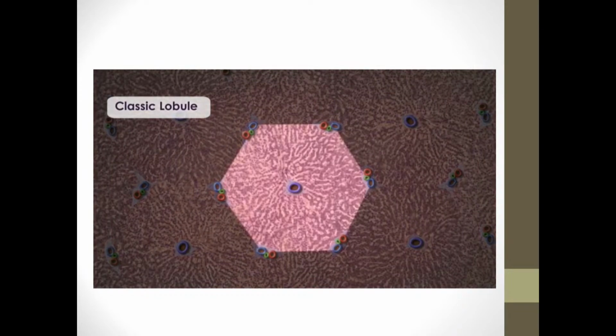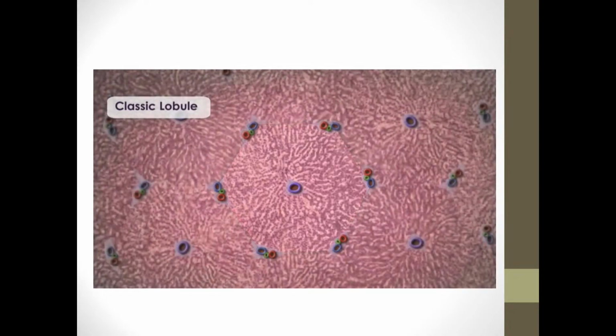So the classic lobule. What does it mean, classic lobule? It shows the blood direction. Blood runs from the periphery to the center.